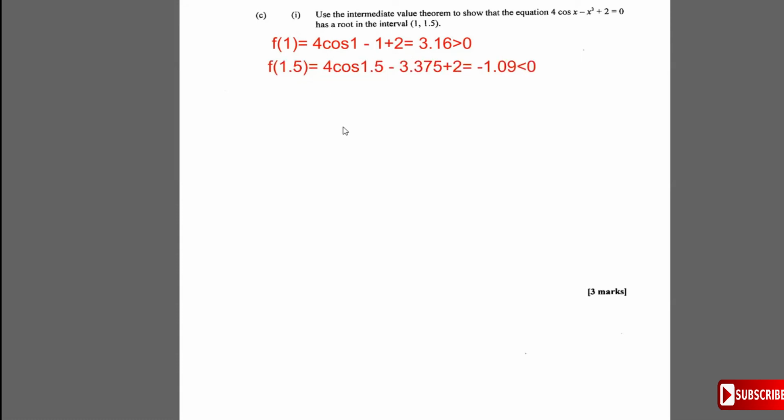Nice. Since this is less than 0, we realize that f of 1 is greater than 0 and f of 1.5 is less than 0.